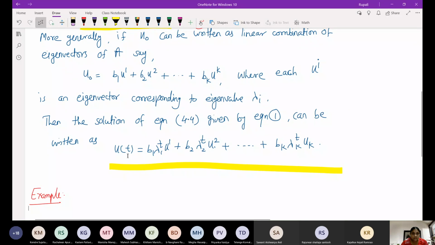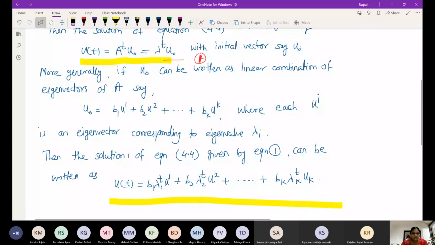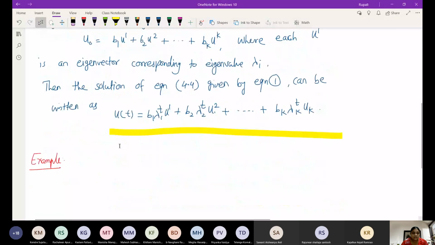Up to here it is okay. If the matrix has distinct eigenvalues, its solution is given by this one, u at t is equal to this. Up to here it is okay. Yes, ma'am.